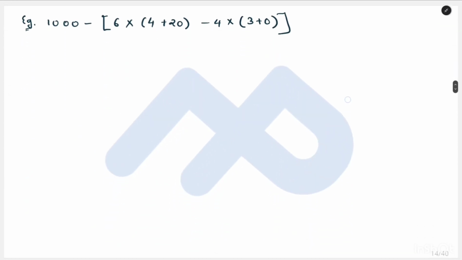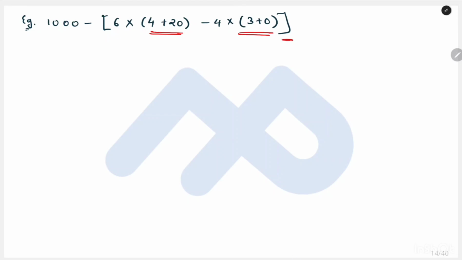Let's see this little bit bigger question which involves more than one bracket. Whenever there are multiple brackets, and you find brackets inside the brackets, for solving that, first solve the bracket which is inside. Okay, so first we'll solve this bracket as well as this bracket. After that we'll solve the bigger bracket.